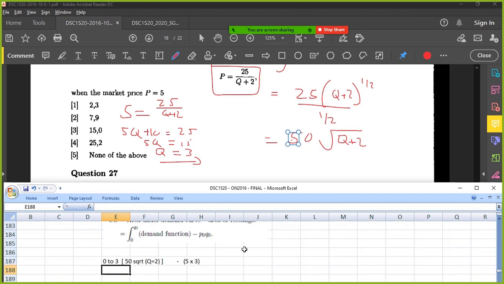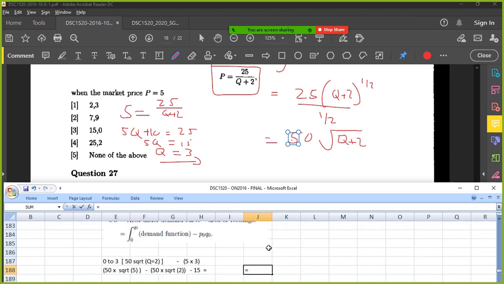Okay, so let's plug that in. So I'm going to have 50 times square root, 0 plus 2 is 2. No, the other one first. It'll be 3. 3 plus 2 is 5, so square root 5. Okay, and then that will be subtracted. Subtract brackets, then 50 times square root, brackets 0 plus 2 is 2. Okay, and then minus 15. Okay, let's see what answer we get there.